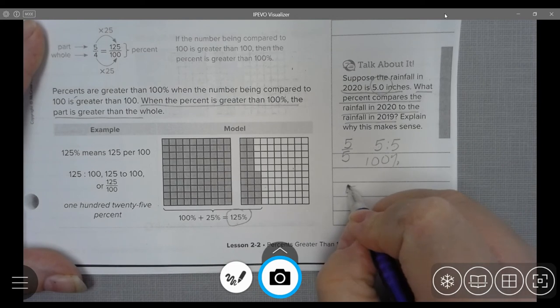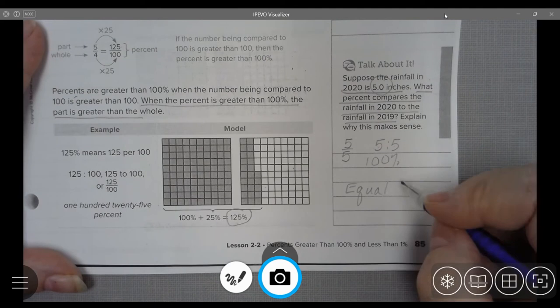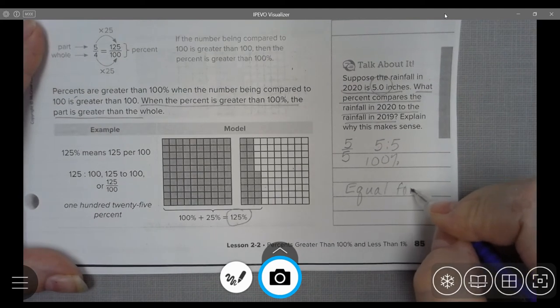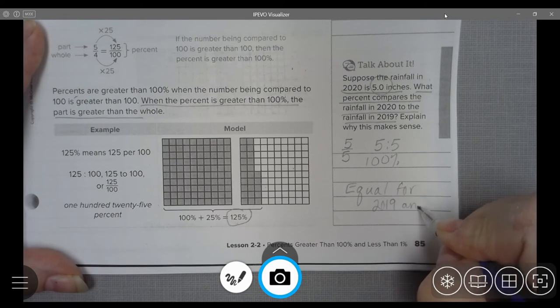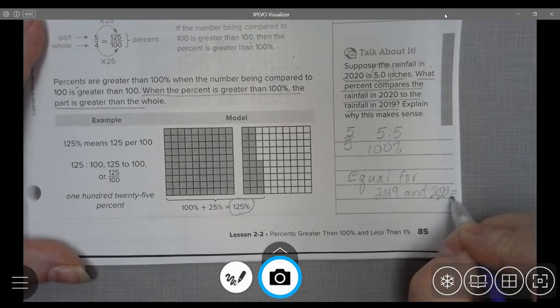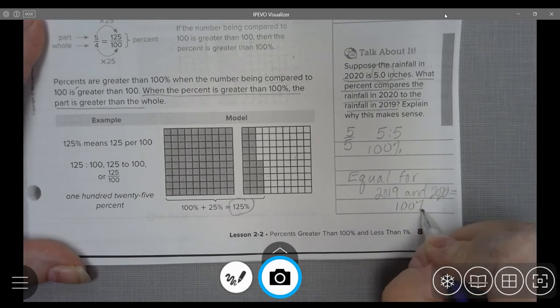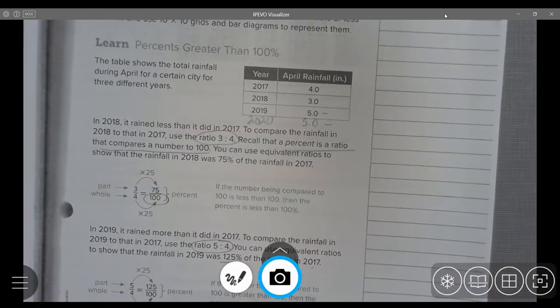So 2019 and 2020 are equal. So it would be 100%. We are finished with page 85. Continue on with page 86.